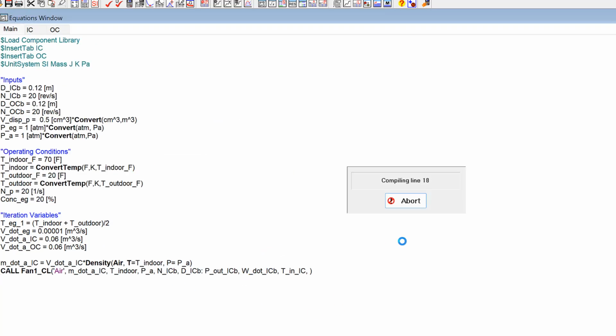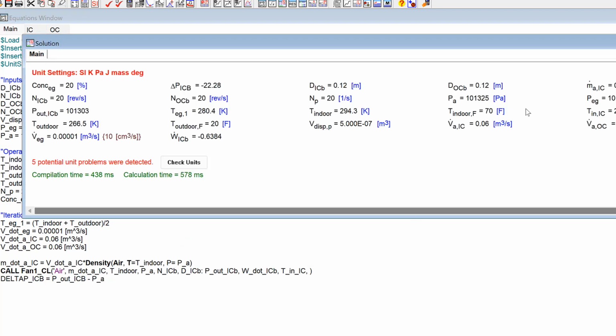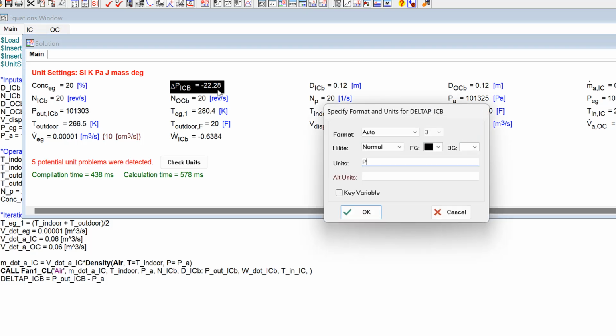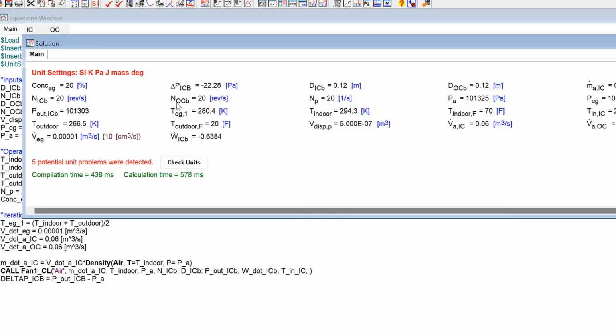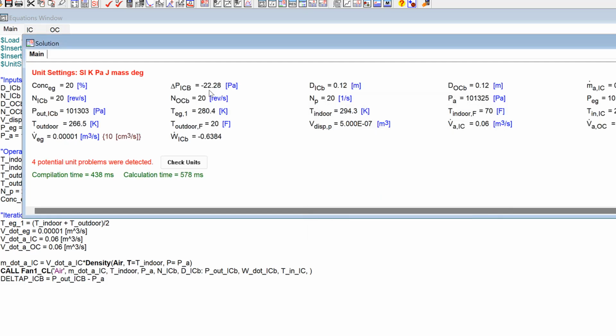So this should solve, if I solve. Yeah. So now let's calculate delta P ICB. And that's just going to be equal to P out ICB minus the nominal pressure. And if I solve for that, I find out that this is negative, which just means that I've exceeded the maximum flow that this fan can give me, which is fine.